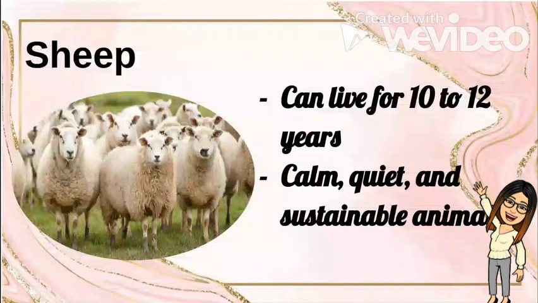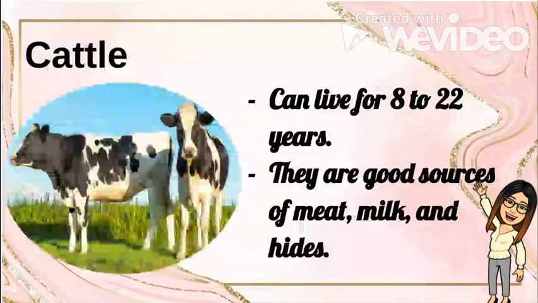Another one, we have cattle, or the cows, female. They can live for 8 to 22 years. For the carabao, they can live 25 years. For the cattle, they can live up to 22 years. So that's the gap of their life span.